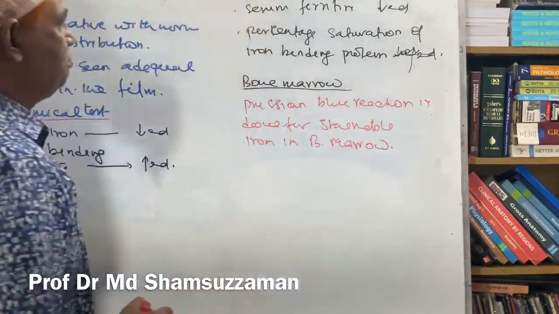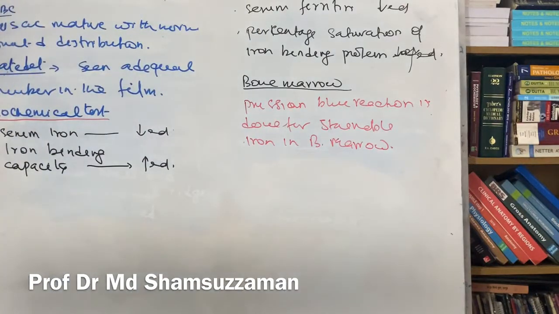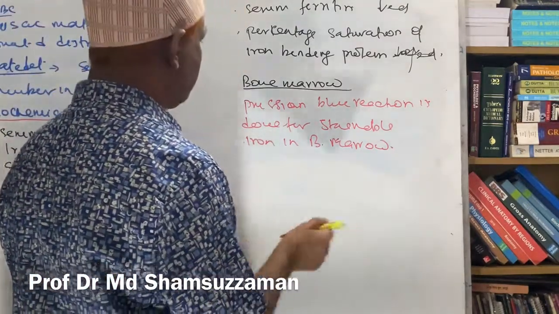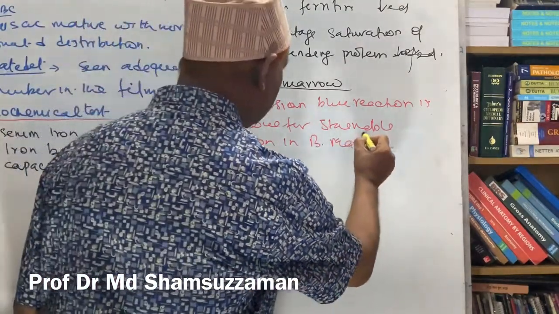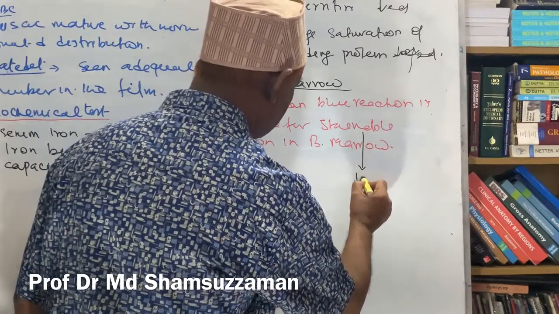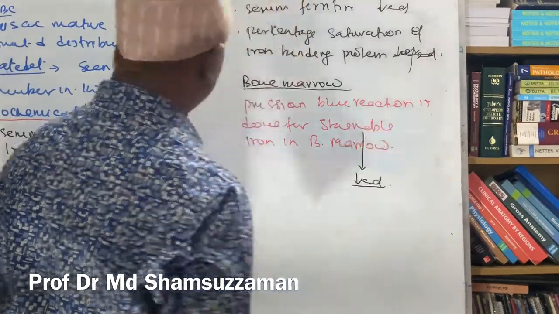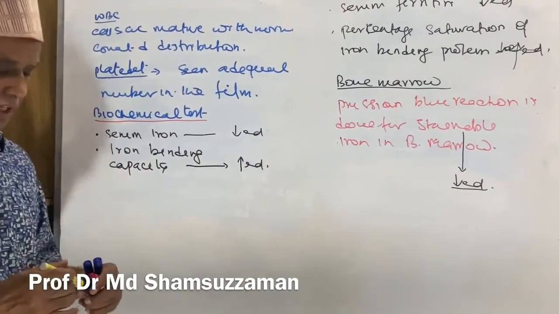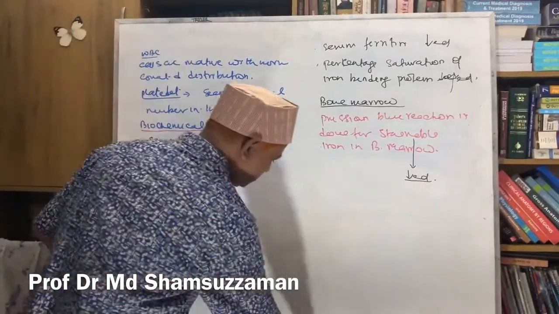So this is the bone marrow finding, and this is all about the laboratory diagnosis of iron deficiency anemia.